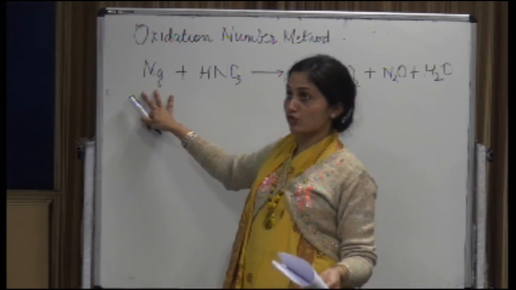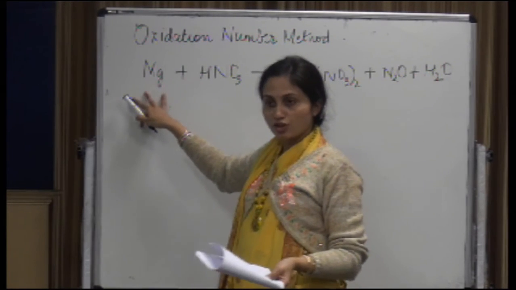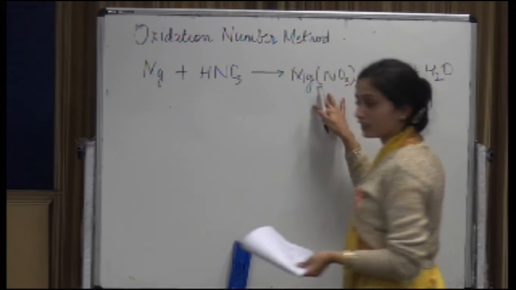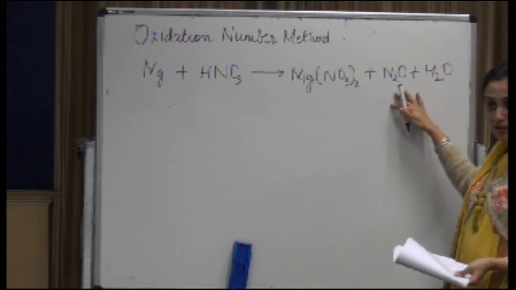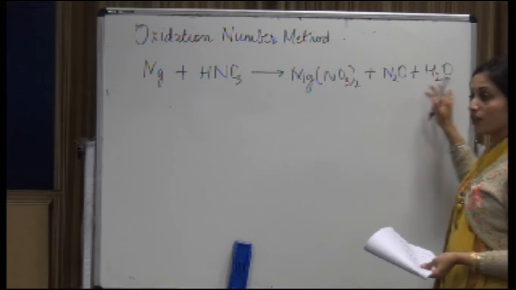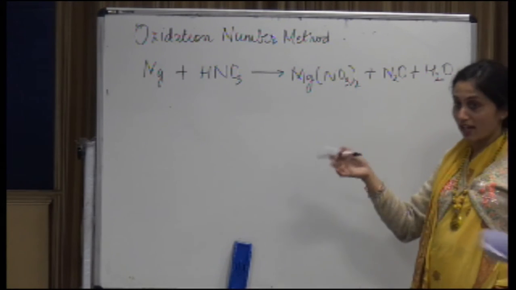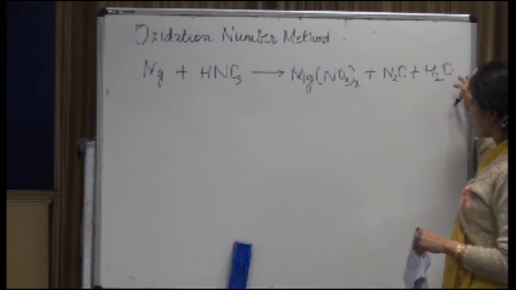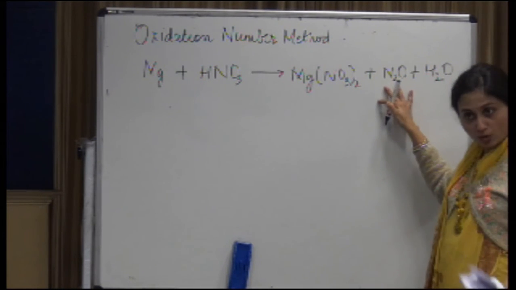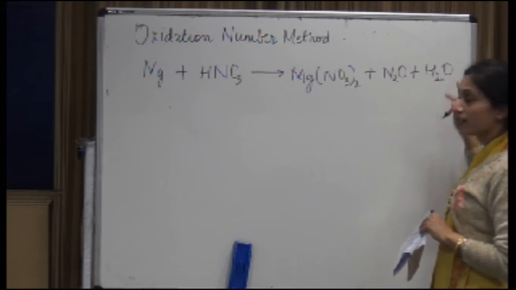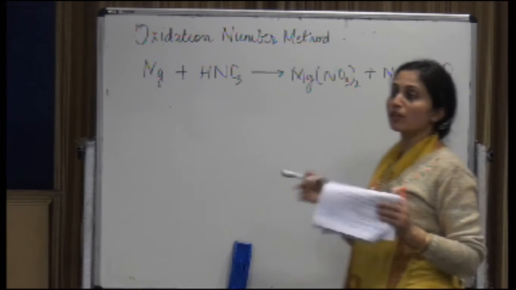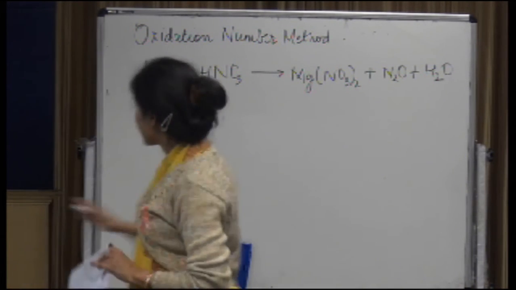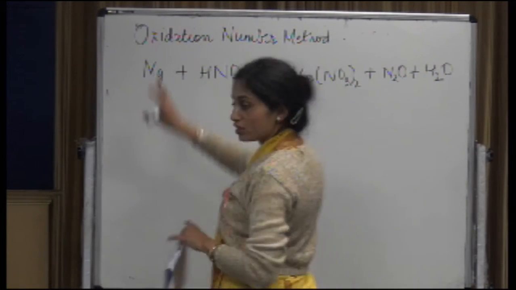Had this question been magnesium reacts with nitric acid to give magnesium nitrate along with nitric oxide. Nitrogen oxide can be anything, it can be NO or anything, so it will be given specifically as nitric oxide. Here you have dinitrogen oxide and water. Water may or may not be given because it comes in the balancing many a times. So this data is sufficient for you.